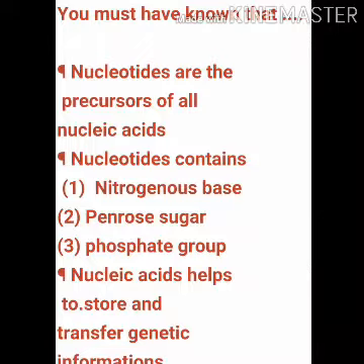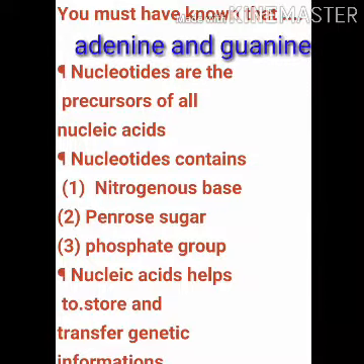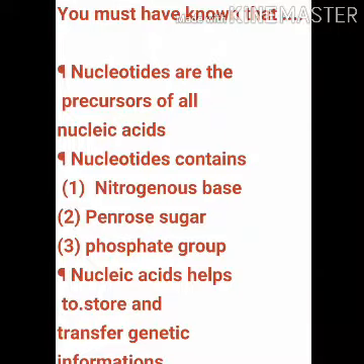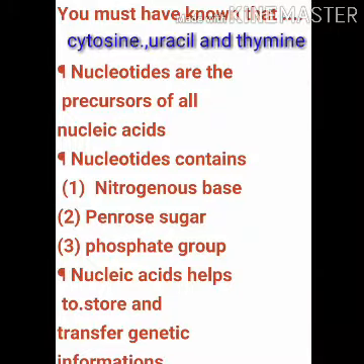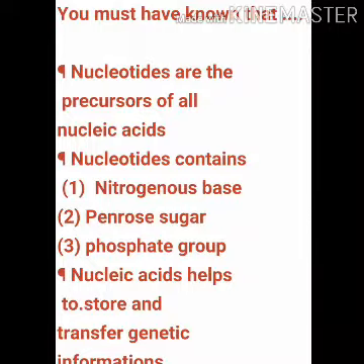The purine and pyrimidine bases also have their own components: the purines having adenine and guanine, and the pyrimidines containing cytosine, uracil, and thymine. And these nitrogenous bases all have their own different functions and specificity.